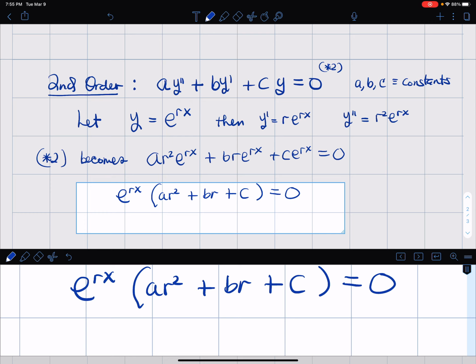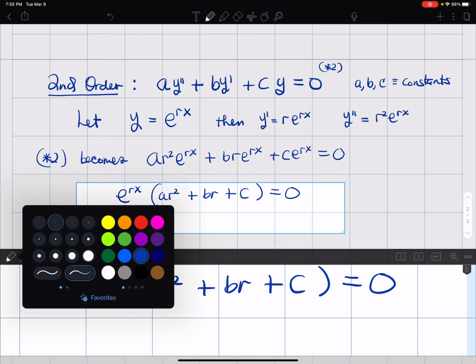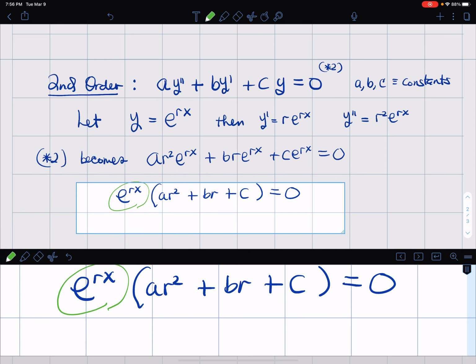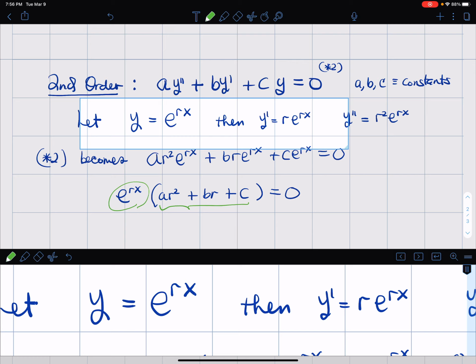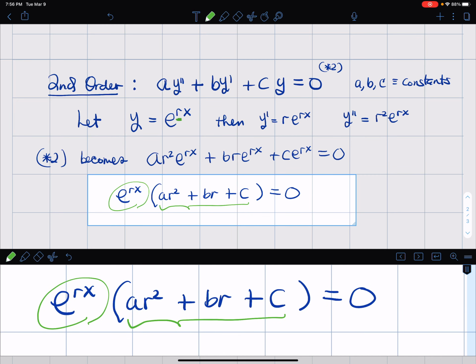So if we know that this e to the rx is never equal to 0, so if we can solve this for r, once we get our r, we plug it in here, and then we have our solution. If we solve r and r is equal to 2, then our solution is y is equal to maybe a constant times e to the 2x. Okay? And why am I putting a constant there?